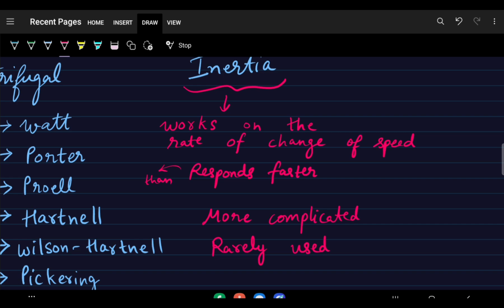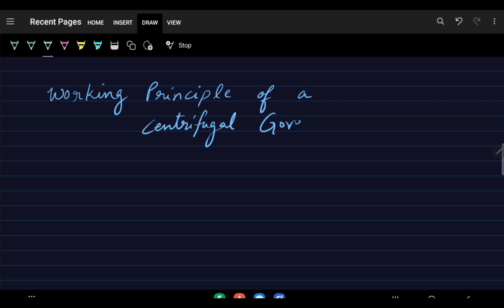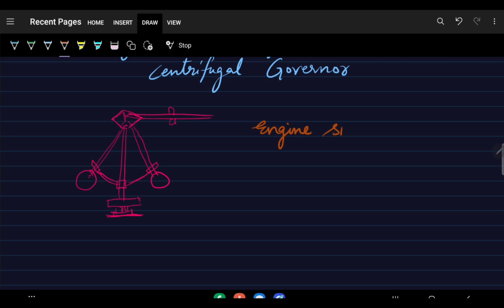Now, coming on to the working principle of a centrifugal governor, in order to explain the working principle, we need to have a basic diagram of a centrifugal governor. So, a centrifugal governor has a spindle in the middle, and the arms support the fly balls, and the arms are linked to the sleeve with links.